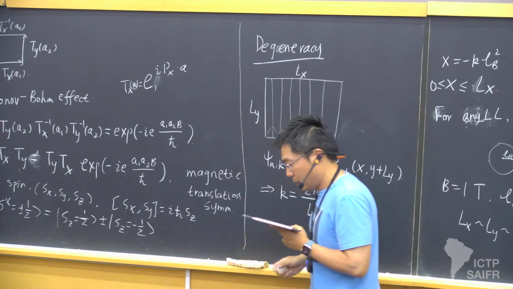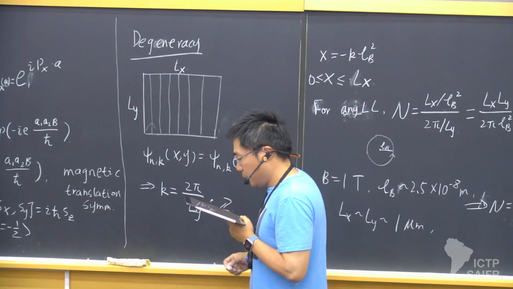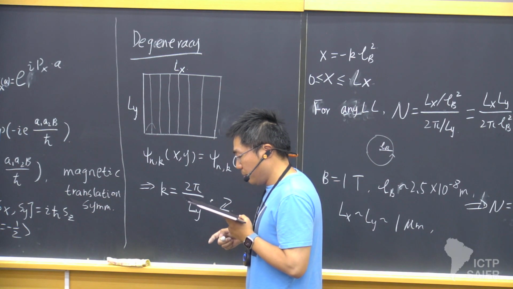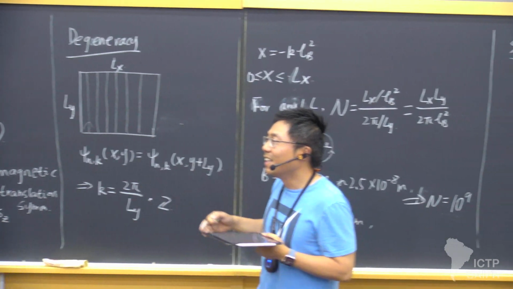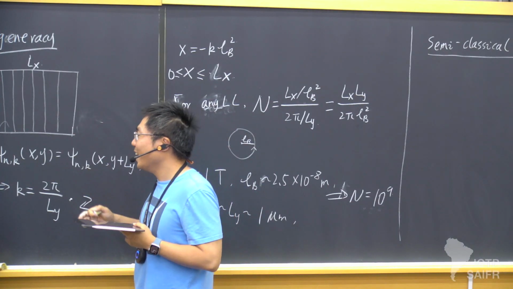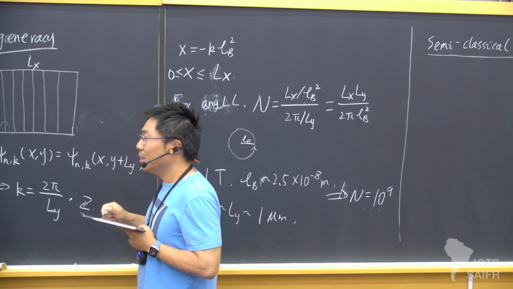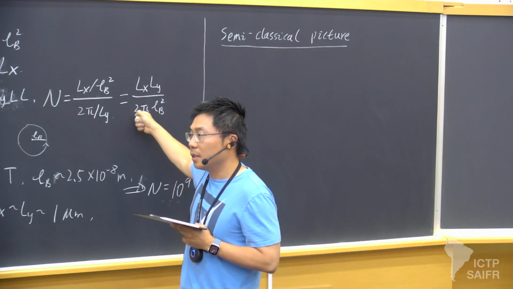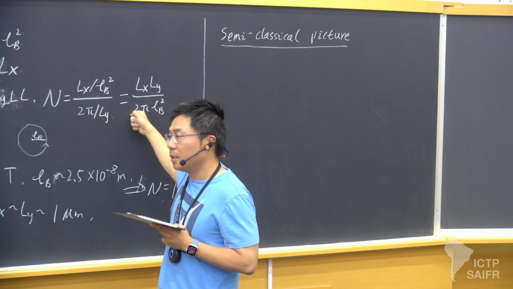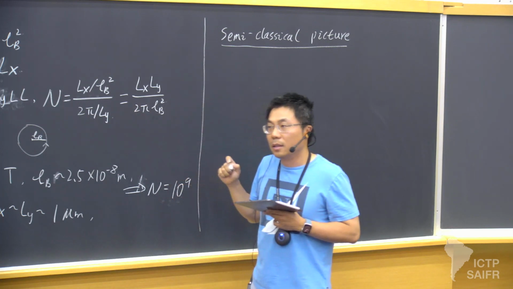The solution will be some elliptic theta functions. Using that, you can compute the exact degeneracy, which turns out to be just this number. That's the exact degeneracy on the torus, and it can be computed exactly.